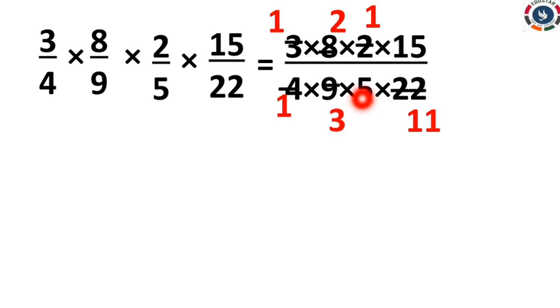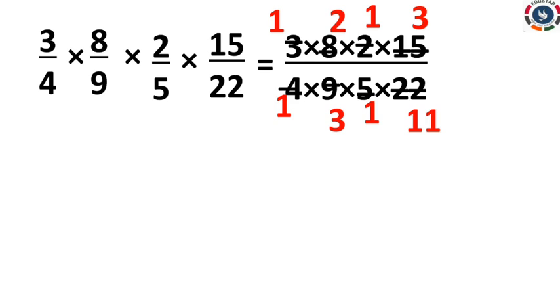Here I am going with the 5. 15 selected from the numerator and 5 selected from the denominator. So I am going to cancel these two values. In 15, how many times is 5? 3 5's are 15. So I cancel 15 and write a 3 at the top. Then in 5, how many times is 5? Only one time. So cancel 5, write 1 at the bottom.